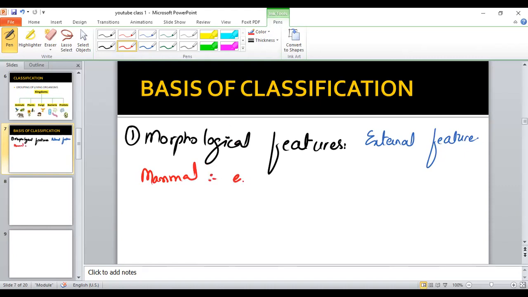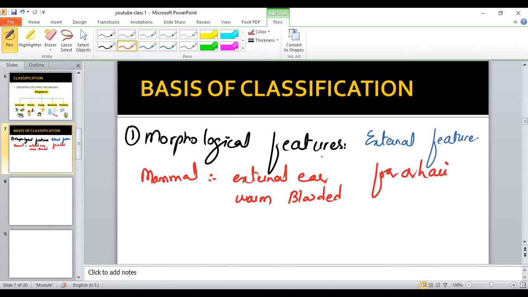We are observing the external features. We are observing that they are warm-blooded, they maintain a constant body temperature. We are observing that the body has fur or hairs. These are called morphological features. So the first basis of classification is morphological features.